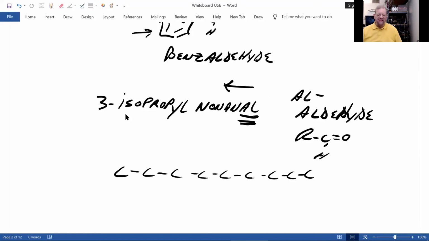Now, one thing I mentioned earlier with alcohols, Dr. White likes to put his functional group on the right. If you put yours on this side, it would be correct also, but I don't. Good habits I don't break. So I have my nonanal. The carbonyl carbon is 1, even though you don't write it. And then isopropyl on carbon 3.